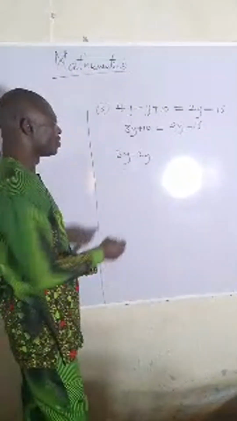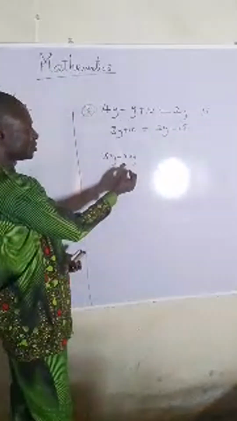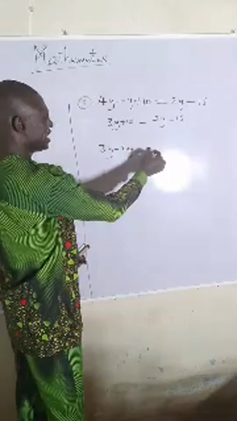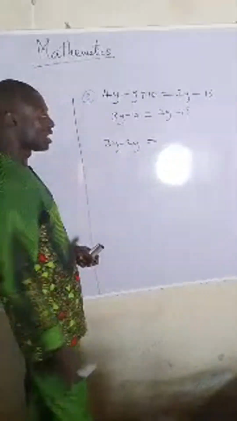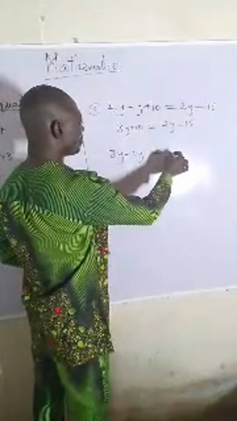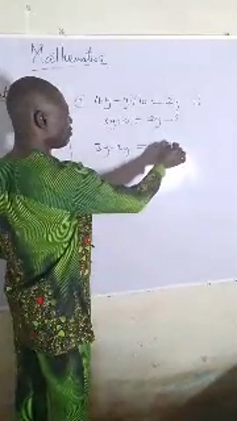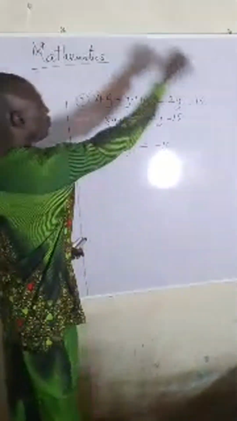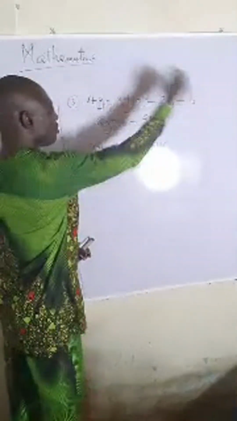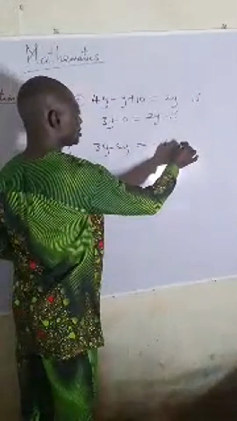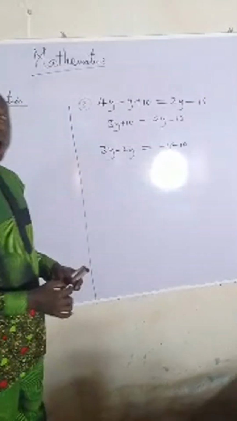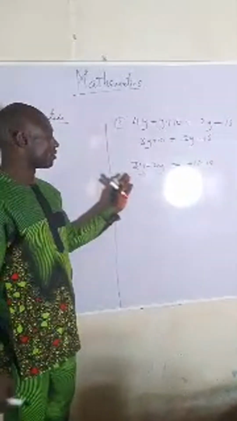We are going to bring 2y here, it becomes minus 2y. The equal sign we maintain in its middle position, and minus 15 will remain where it is because it has not moved anywhere. 10, we join it. 10 going to the right hand side becomes minus 10.